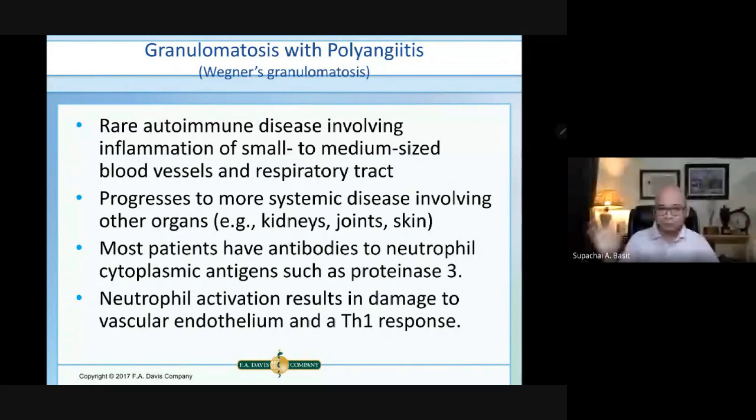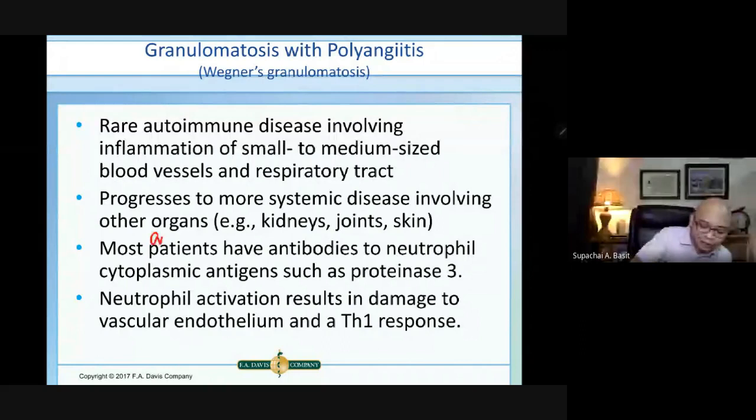So it starts with blood vessels. However, it will progress to a more systemic disease since it will also involve other organs such as the kidneys, joints, and skin. So most patients have antibodies to neutrophil cytoplasmic antigen such as proteinase 3.